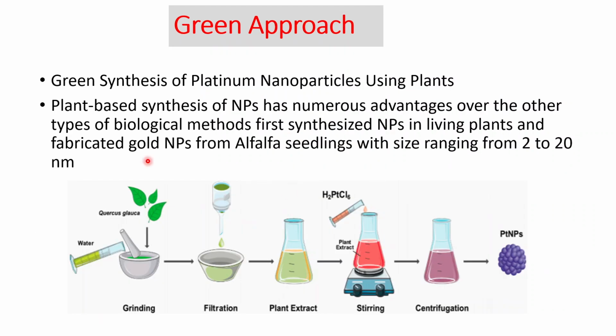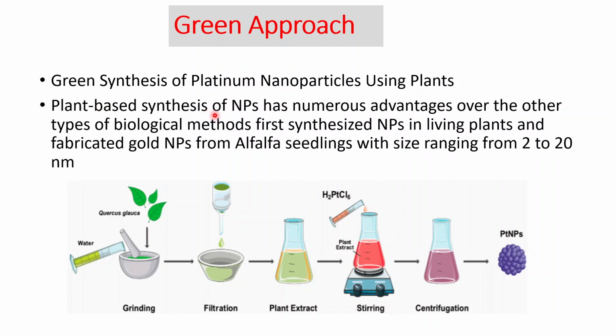And about the green approach, this is the synthetic route given. We will have a plant extract, and we will filtrate the plant extract, and upon stirring we will add hexachloroplatinate to it, and upon centrifugation we will get the platinum nanoparticles. The green synthesis of platinum nanoparticles uses plant extracts.